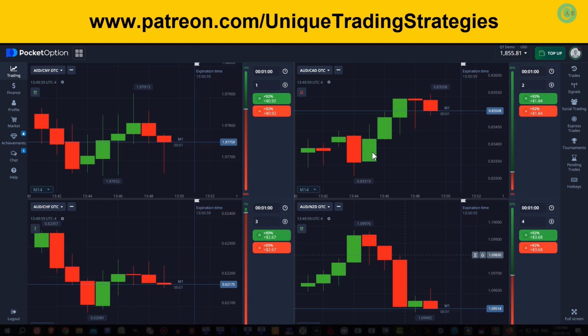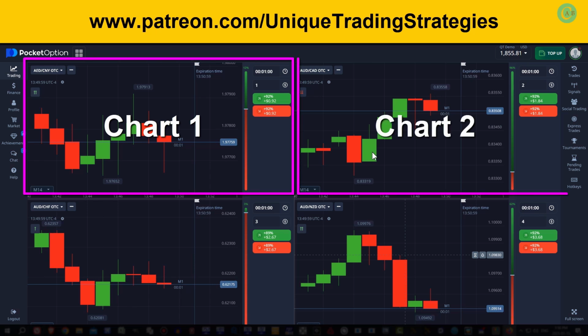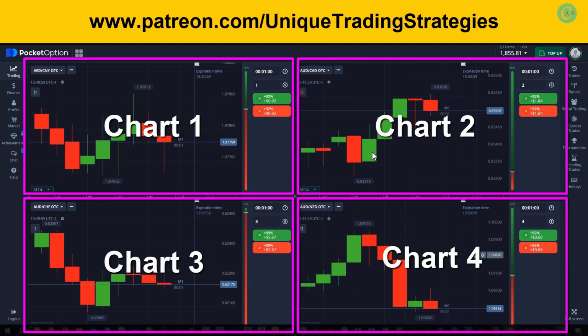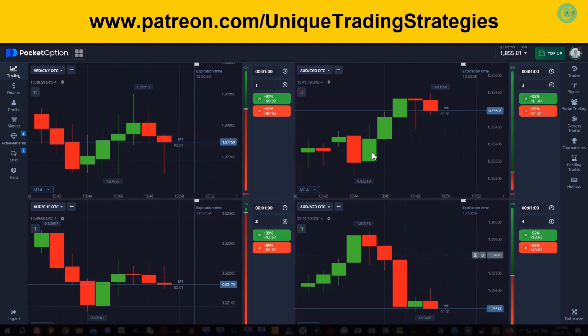Okay, now I'm gonna explain how I apply the 4 rotation assets strategy with the buy all or sell all approach. It's actually a very simple and straightforward strategy. As you can see, I'm using 4 charts, each with a different asset. I don't focus on the type of asset I select.